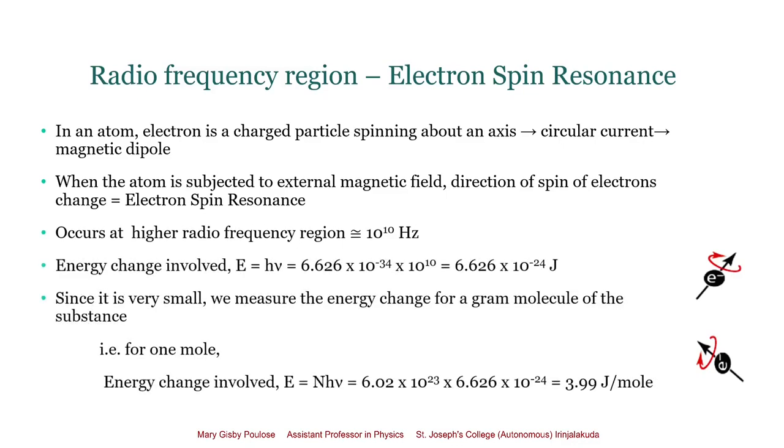And the energy change involved, if it is measured for just one molecule, will be of the order of 10 raised to minus 24 joule. Again, very small. Hence, we measure it for one mole, that is Avogadro number of molecules. Hence, the energy change involved will be measured as 3.99 joule per mole. That can be measured in instruments.